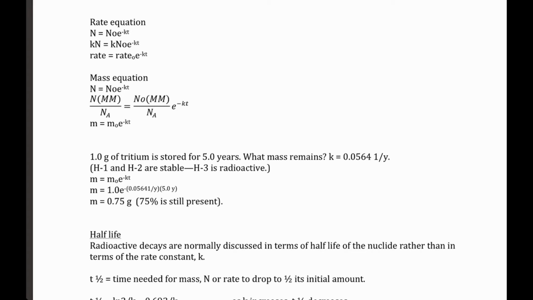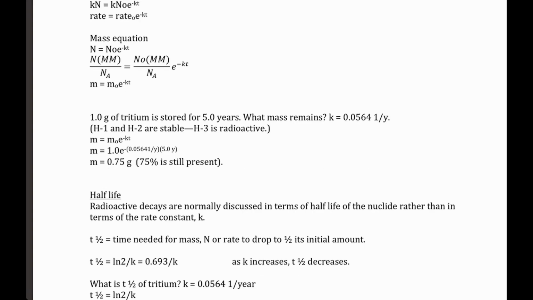So we divide both sides by Avogadro's number, which gets us moles. Then we multiply both sides by the molar mass, which gets us grams. So we have N times MM over N_A equals N naught times MM over N_A e to the minus kt. And so that becomes mass equals m naught e to the minus kt.